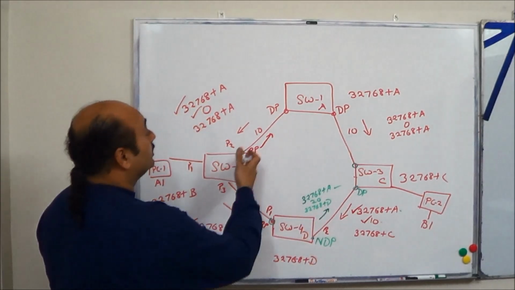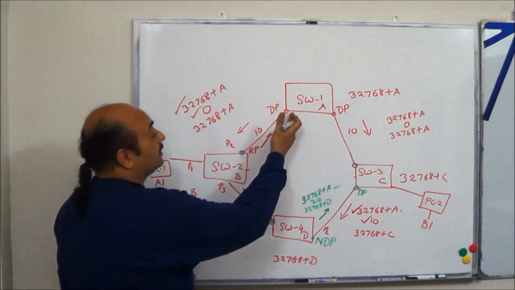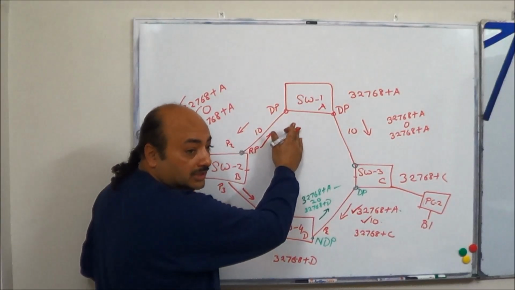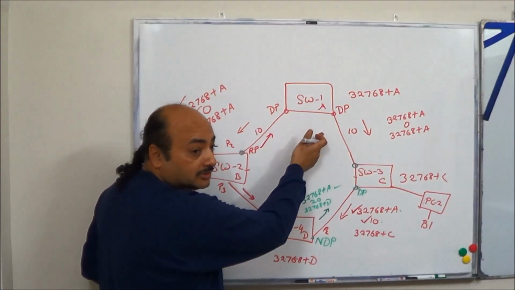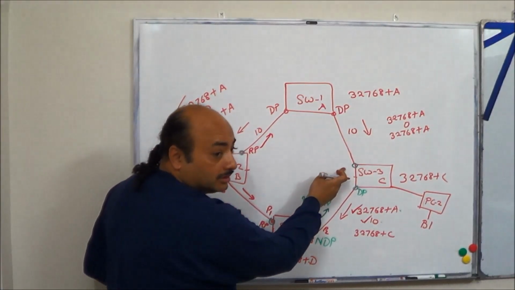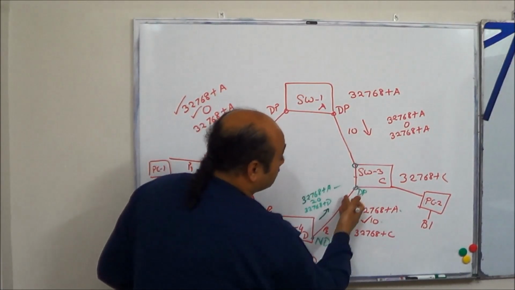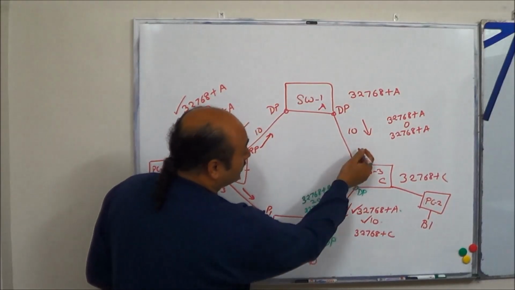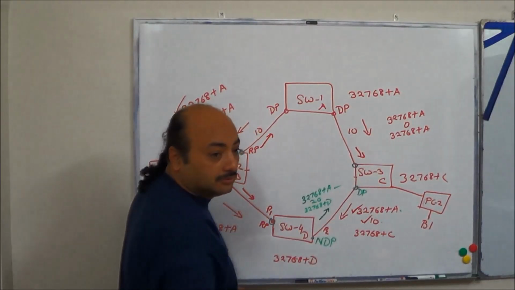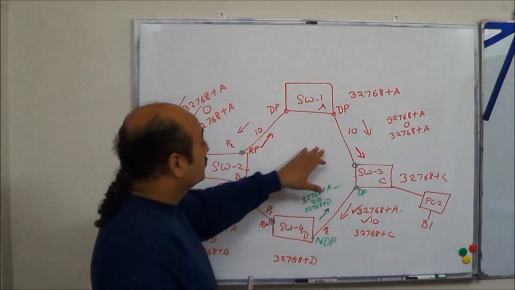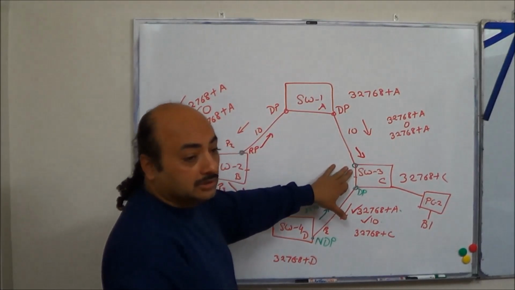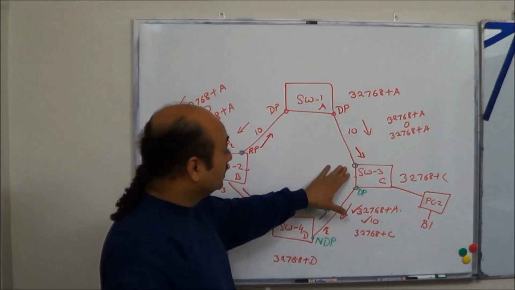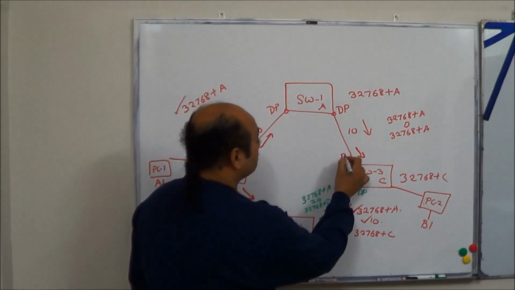Let's continue here. This one is okay. We'll take it. Learn and flood. This side will again learn and flood. Let's take the case of this one. The frame reaches here, with source MAC address A1 and destination MAC address B1. Source MAC is not in the MAC table, assuming it's not, so we'll learn it on port P1.